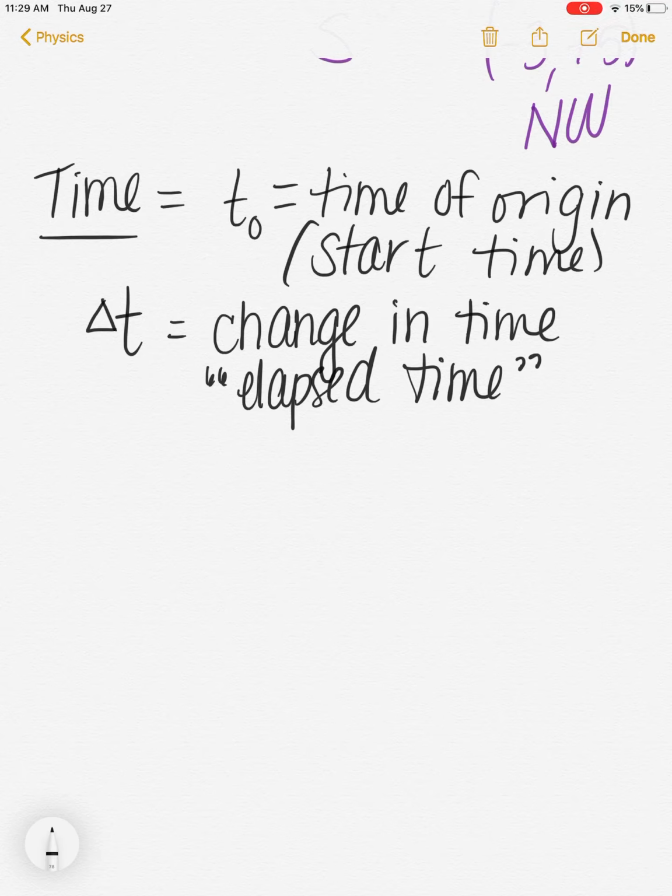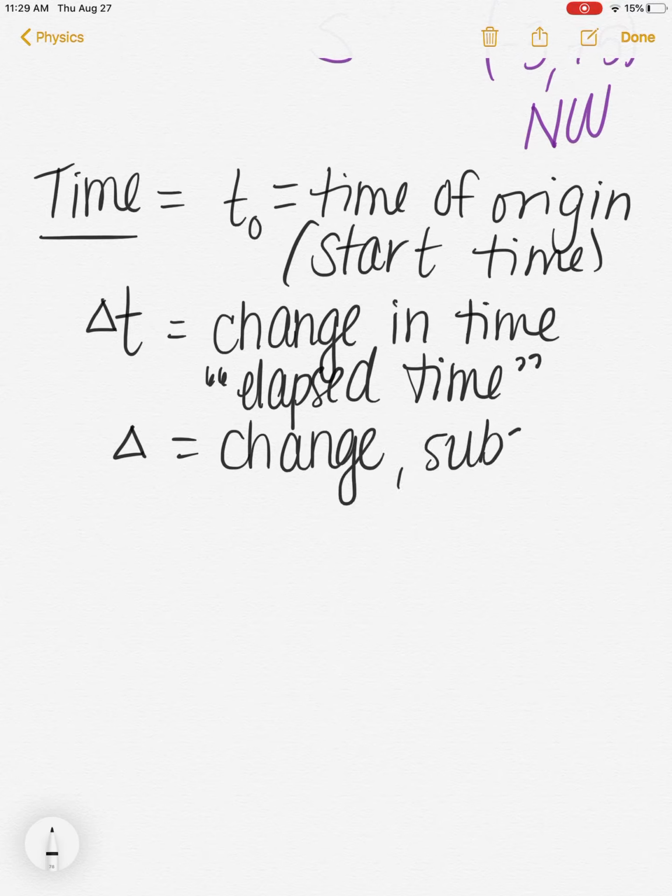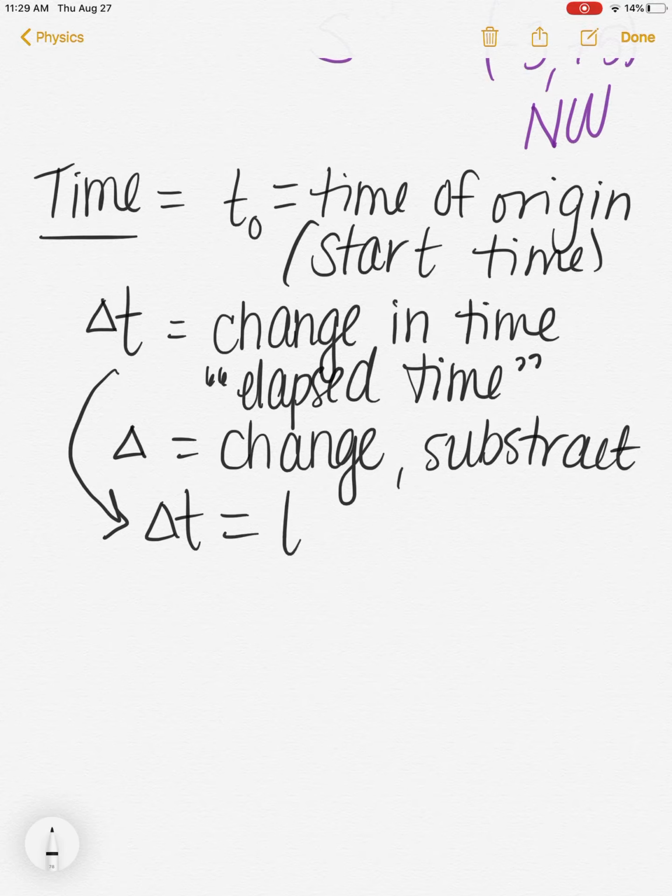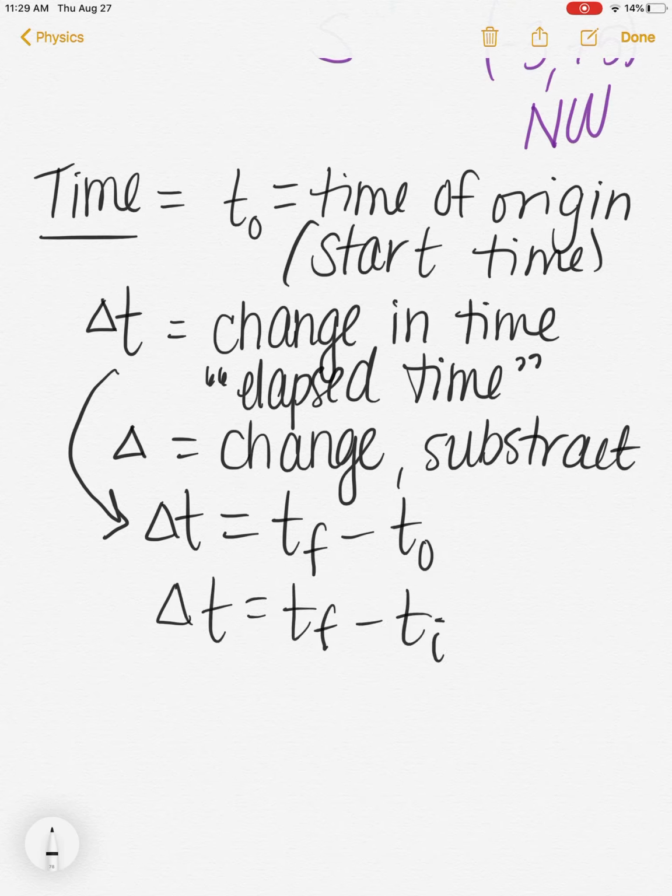or how much time has passed during an event. The delta symbol refers to change or difference in, and we will mathematically subtract if you're trying to find the change in something. So delta T is going to be equal to TF minus T sub O. Sometimes I'll write that as TF minus TI.